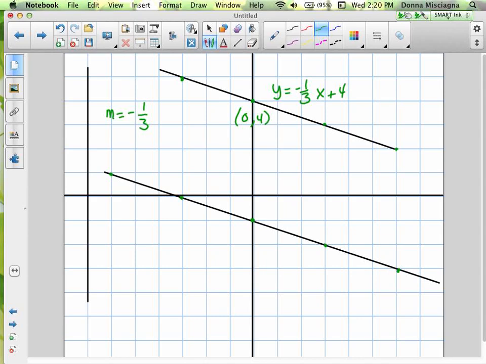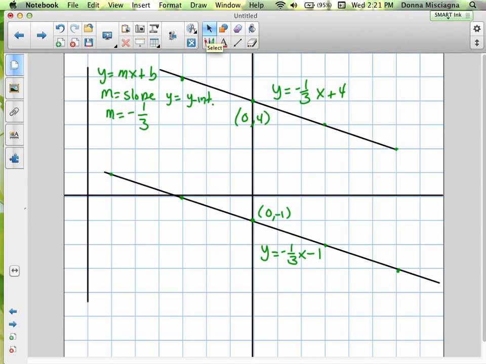Remember slope-intercept form, y equals mx plus b. So m is slope, and b is the y-intercept. And then right here, I have the point 0, negative 1. So this is y equals negative 1/3 x minus 1. And there we go. We're done with those two.